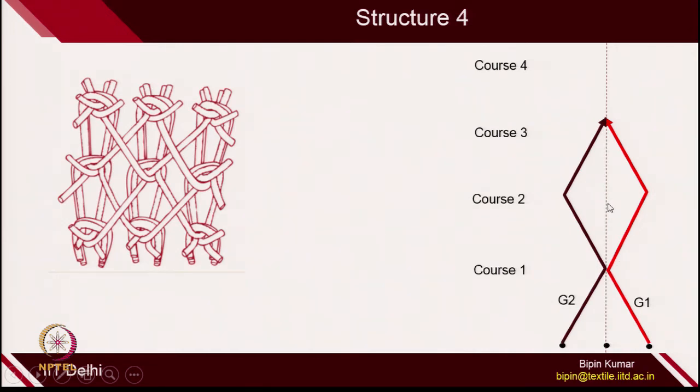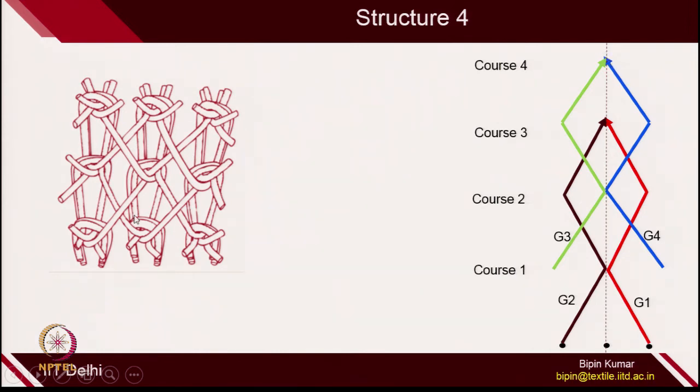After that, in course number 2, another two guides will be coming, one from the left side, one from the right side. So, G3 and G4. After that, in the third course, again G1 and G2 will be making the loop. In course number 4, G3 and G4 will be coming.